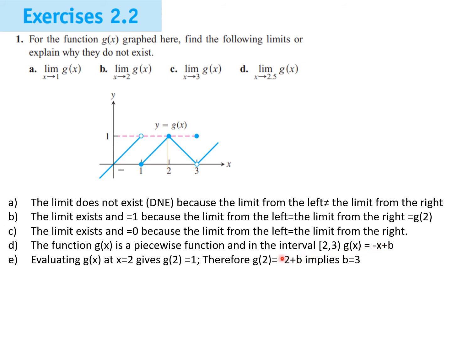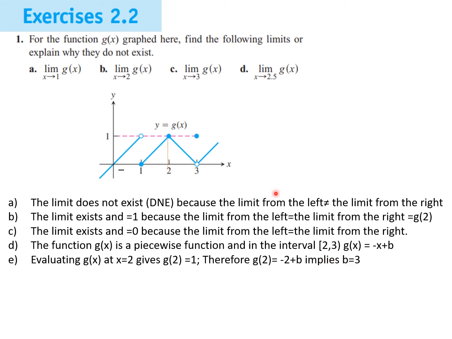So -2 plus b. But we know that g of 2 is equal to 1. So if we take -2 to the left hand side, that will give us 3. So this equation implies that b is equal to 3.